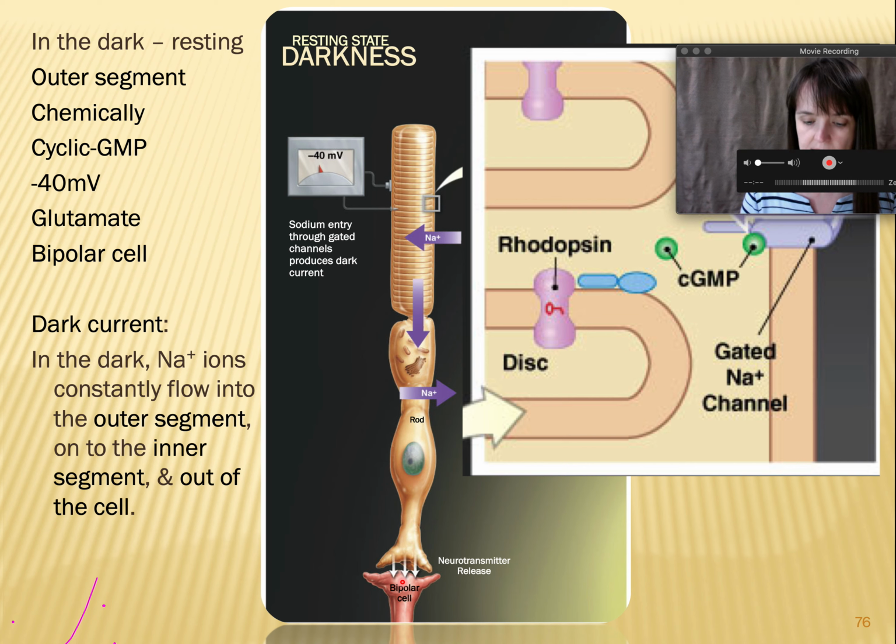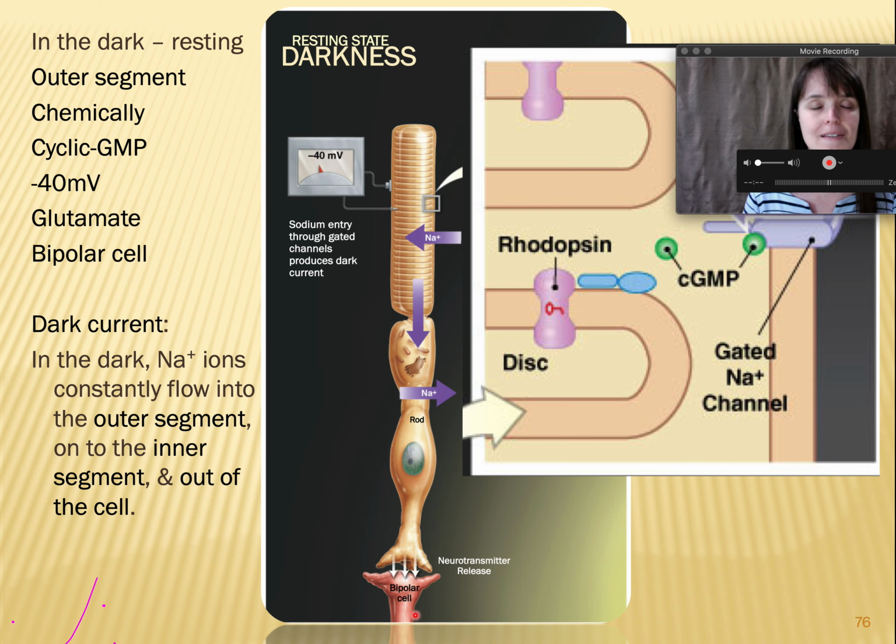That means in the darkness, the rods and cones are constantly sending what message to the bipolar neurons? No light, no light, no light. They're constantly sending an inhibitory message, screaming no light at the top of their lungs all the time in the dark.